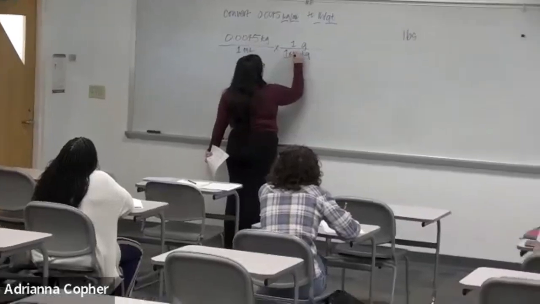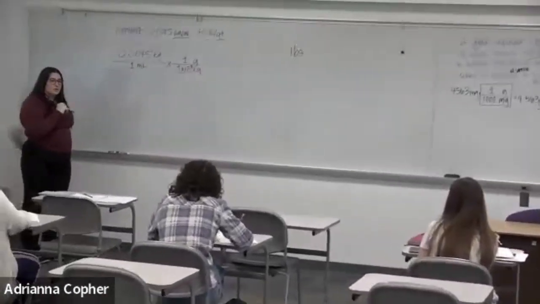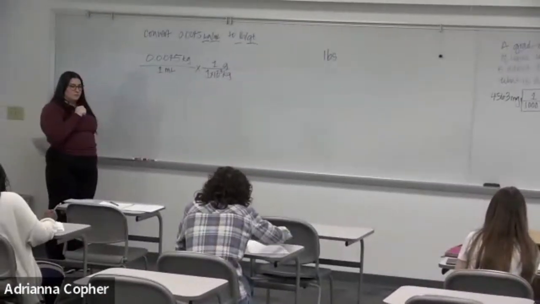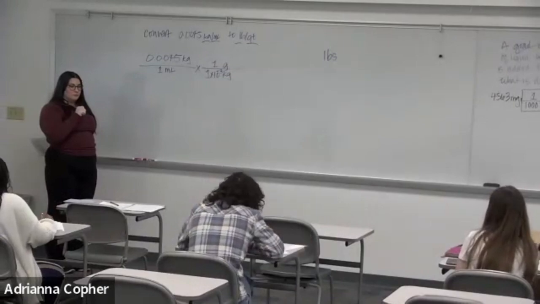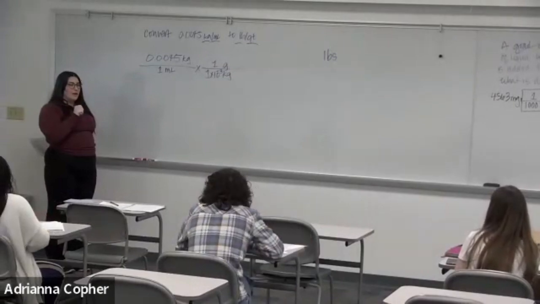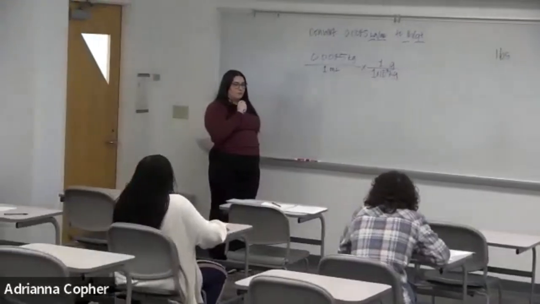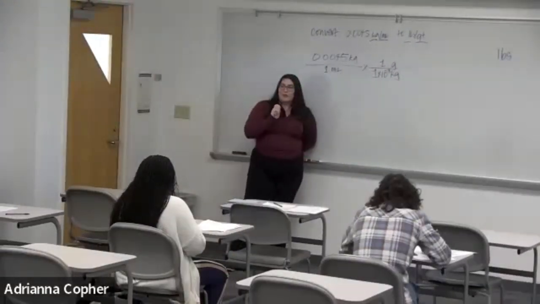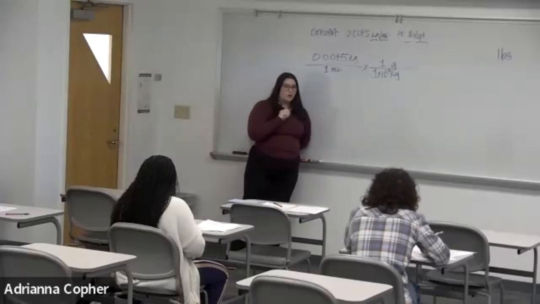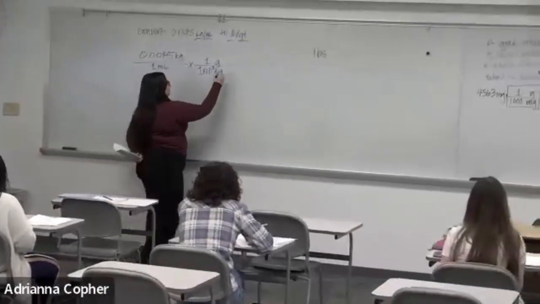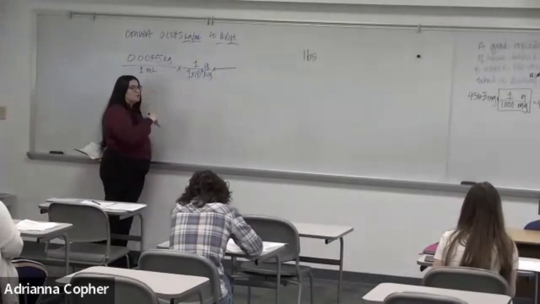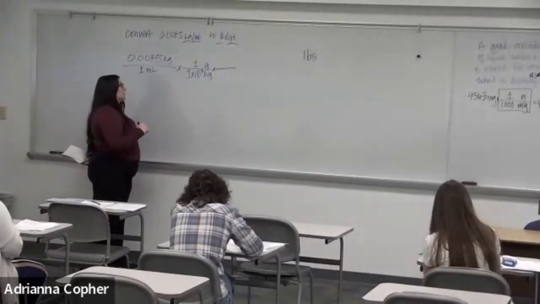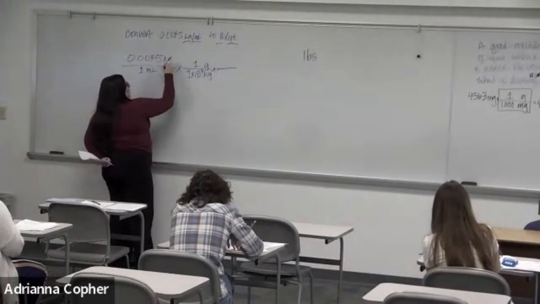If I have 1,000 kilograms, does that equal 1 gram? No. I would have to have a fraction of a kilogram equals a gram, 1/1,000. Okay, I know that's right. So our smaller one is always gonna get the 1, so we have kilograms gone.